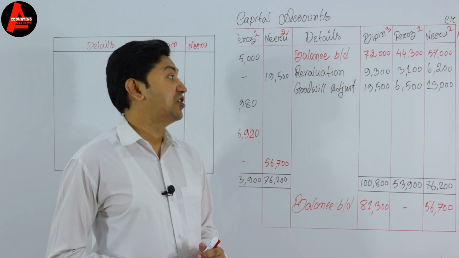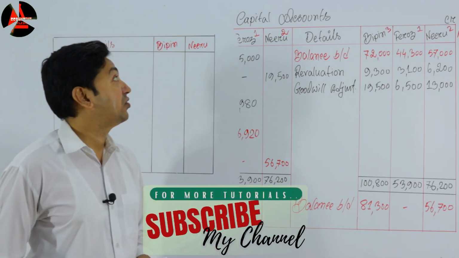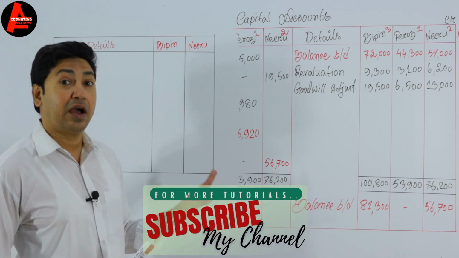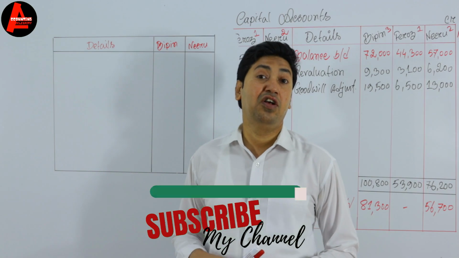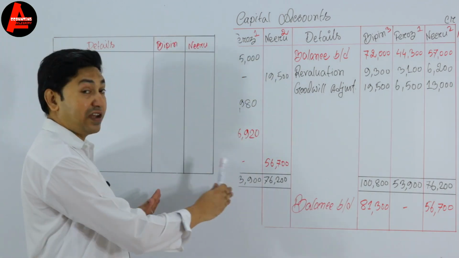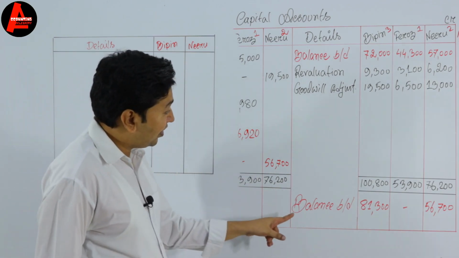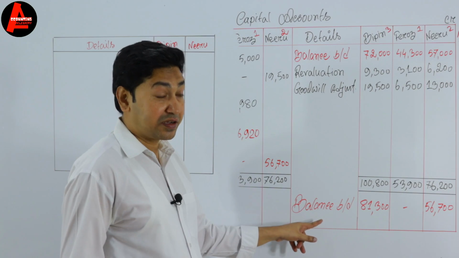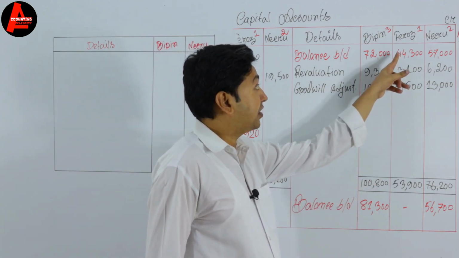To prepare this account we need to know the capital account, because the capital account balance will appear here. We calculated the capital account; this side I already rubbed out, so the other side is left here. Here we have the balance carried down, meaning the capital account balance after the retirement of the partner Feroz.